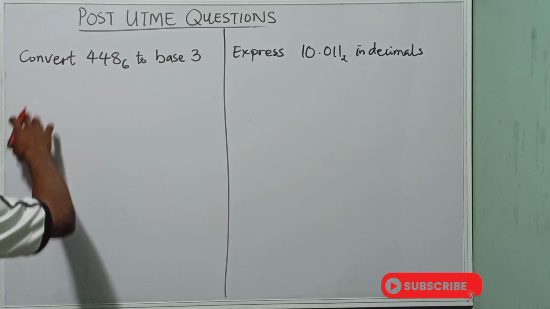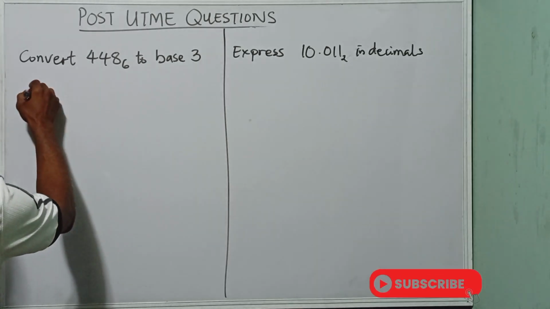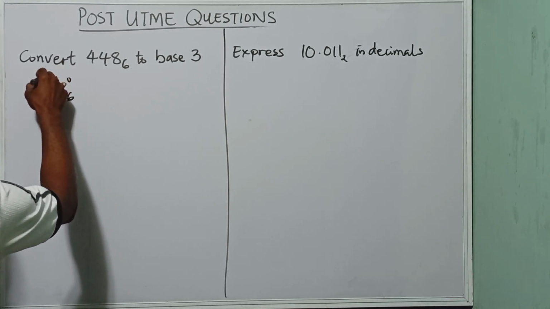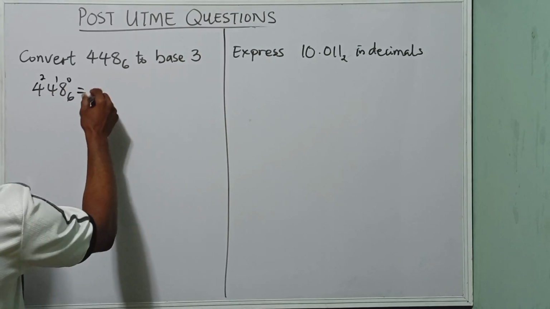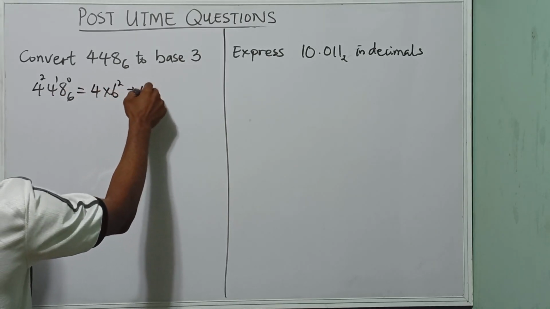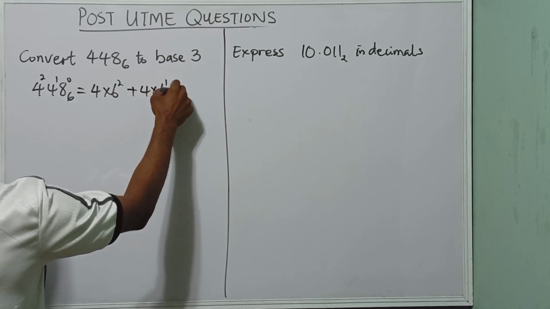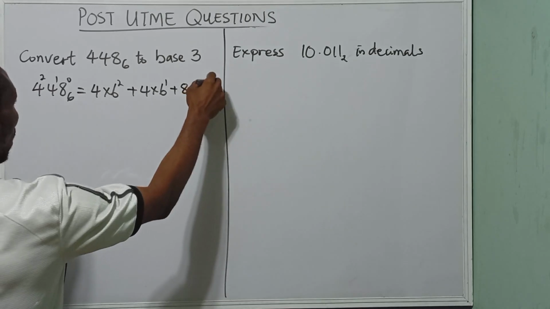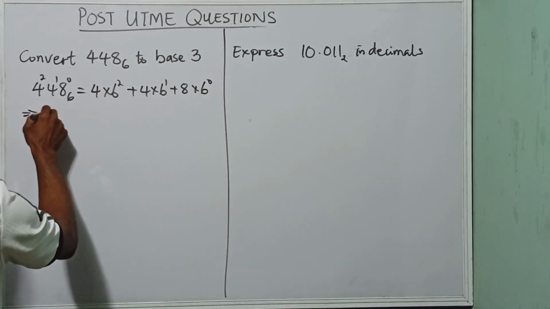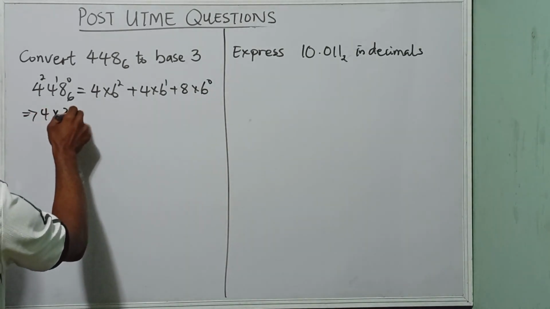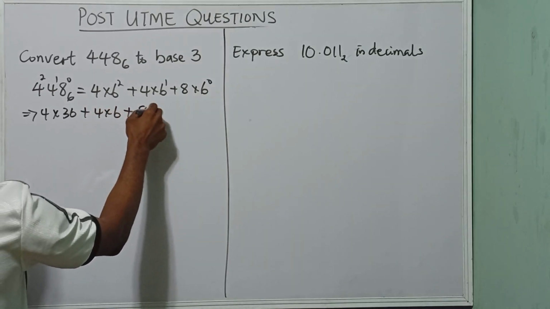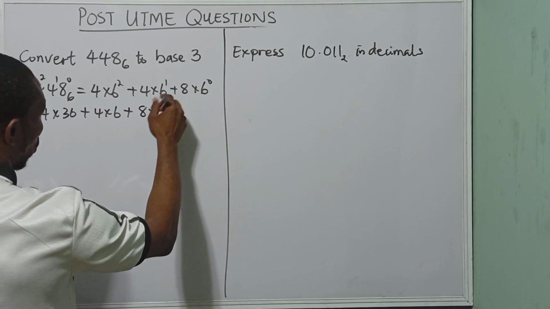Okay, so now converting this to base 10, we have 4, 4, 8, base 6. This will be positions 2, 1, 0. Using the expansion method, this gives us 4 times 6 raised to the power 2 plus 4 times 6 raised to the power 1 plus 8 times 6 raised to the power 0. Now 6 raised to the power 2 will give us 36. Anything raised to the power 0 is 1.